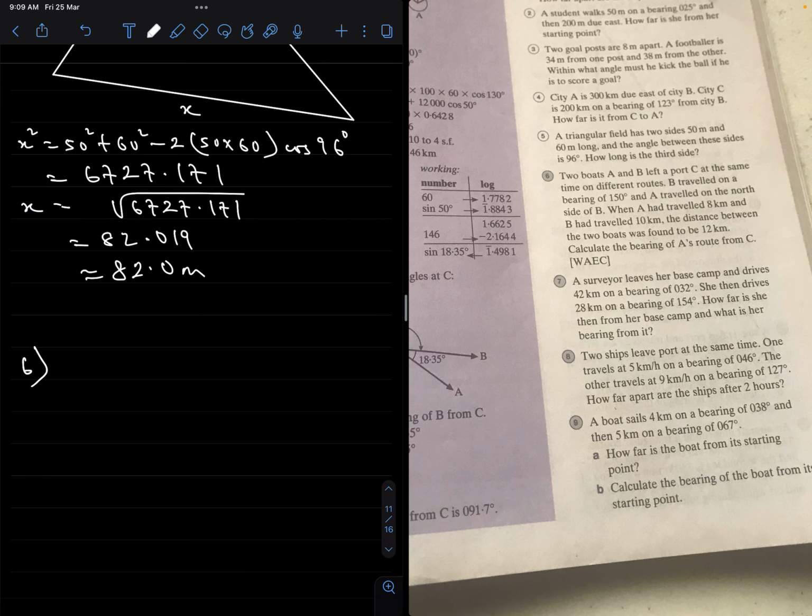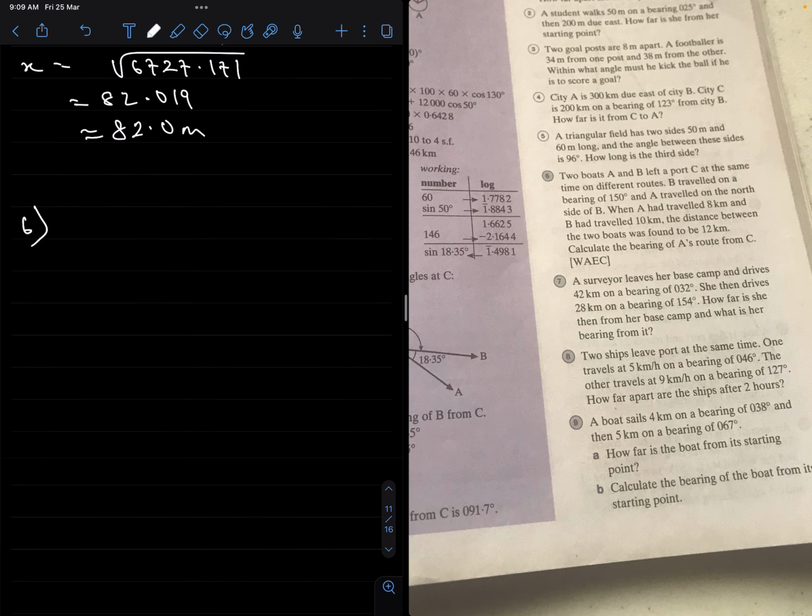Two boats A and B left a port C. Let this be port C. B traveled on a bearing of 150 degrees. That's going to be somewhere around there.